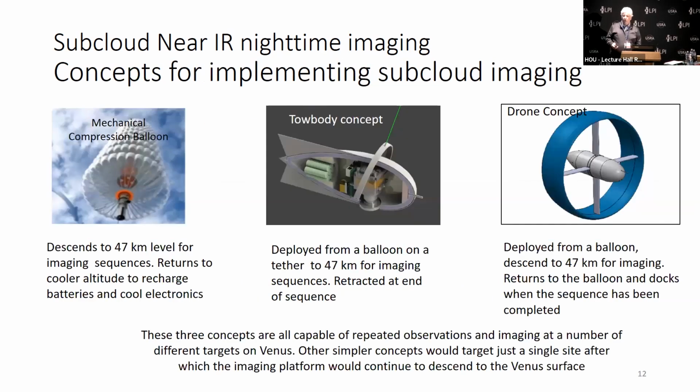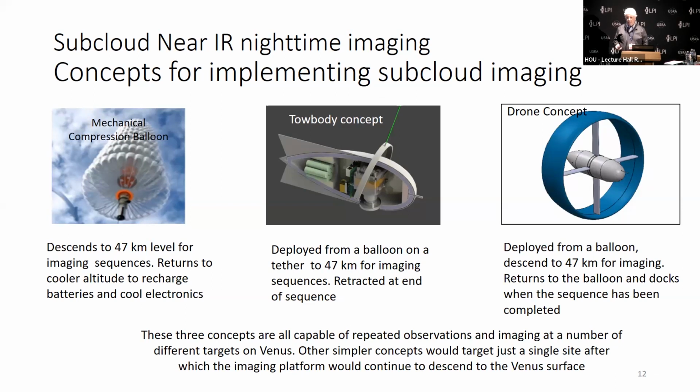So how might we actually implement this? We've looked at three concepts that could do this repeatedly. The challenge here is that in this region at 47 kilometers, the temperature is a little over 100 degrees, 110 degrees. So you can't stay there permanently if you want to work with conventional electronics. And so each of these concepts involves dipping down into that layer for a while and then going back, cooling off.